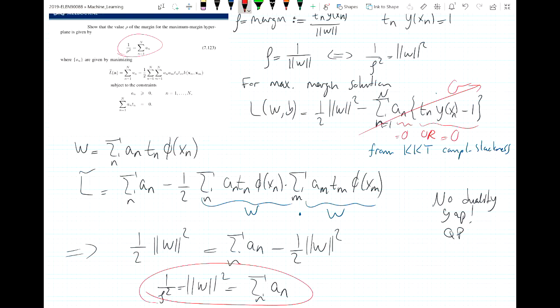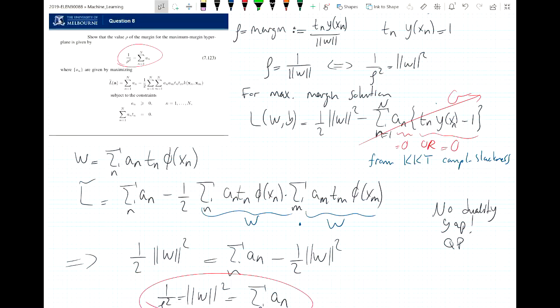Again, I like this question because it allows you to dive into the equations of the primal and dual, and we also established this relationship of the margin, how much margin I end up with in the support vector machine. So what have we done? We have taken the definition of the margin and the properties of the maximum margin hyperplane.